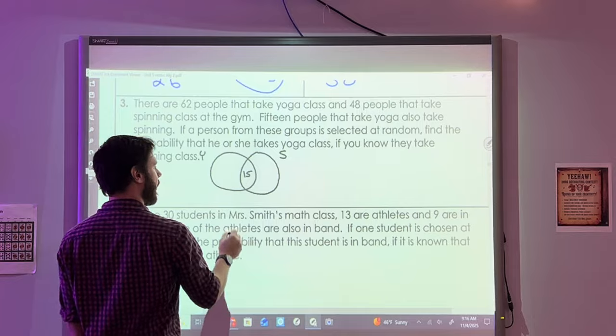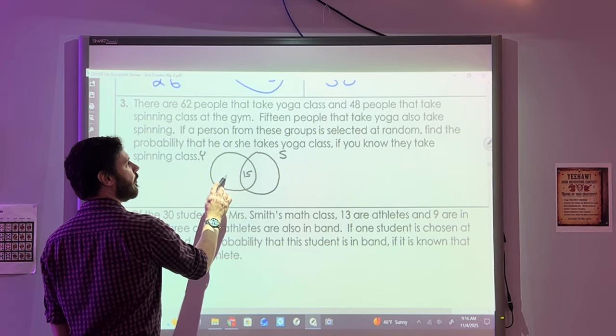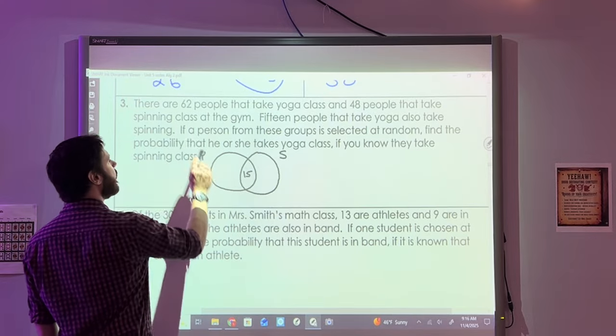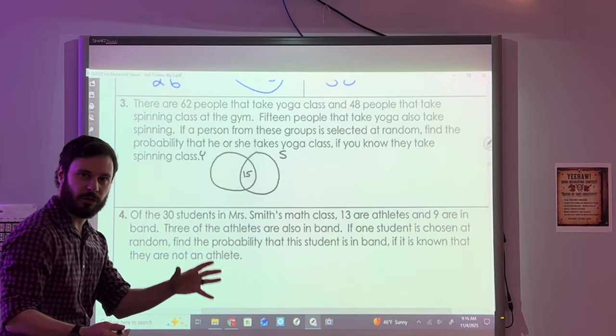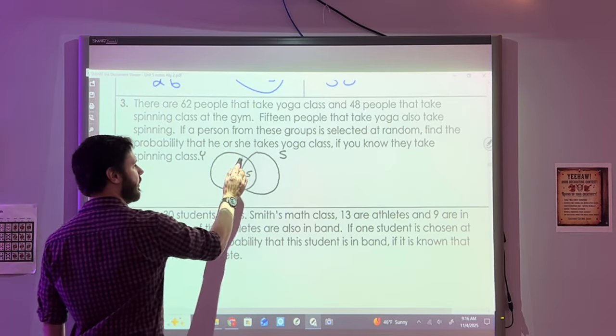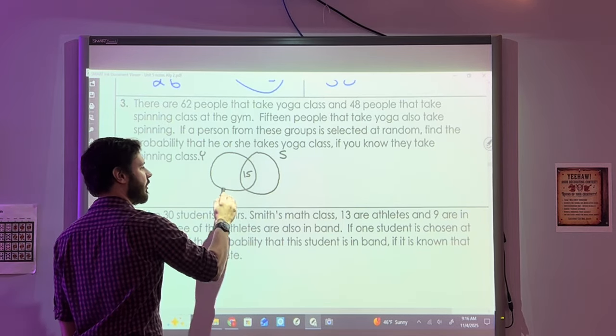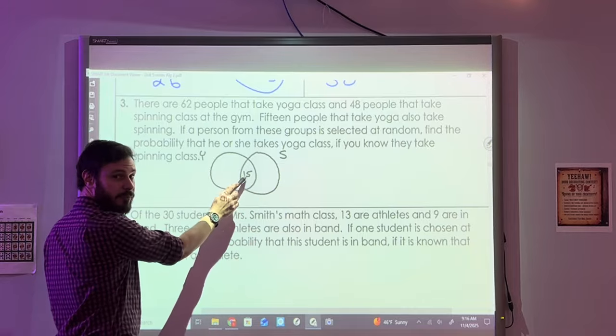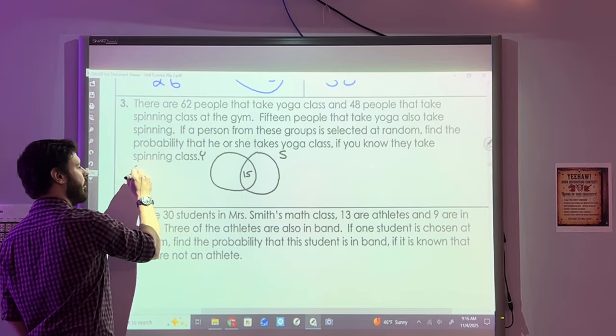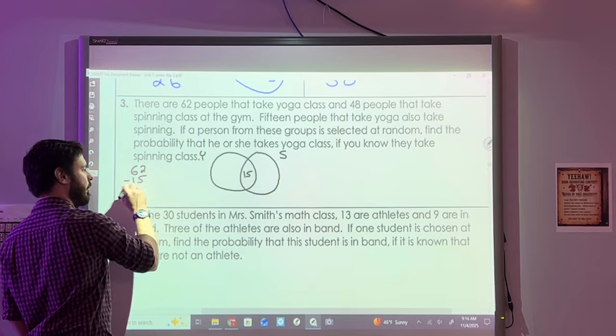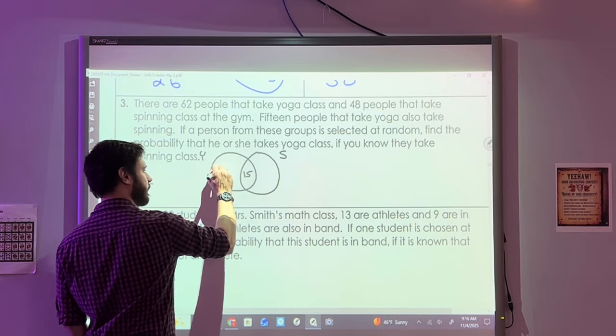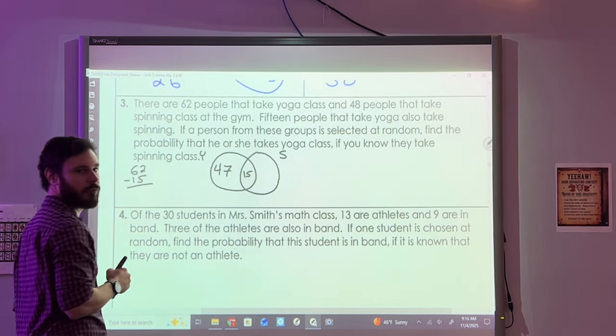All right. Now I need to figure out how many other people go in this yoga circle. Well, 62 people total take yoga, right? So in this circle, I should have represented 62 people. I already have 15 of them accounted for. 47 over there.